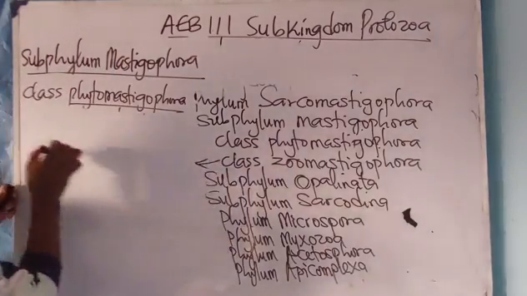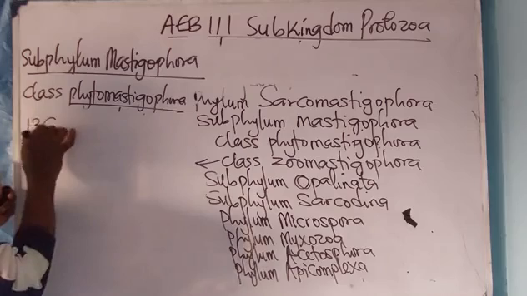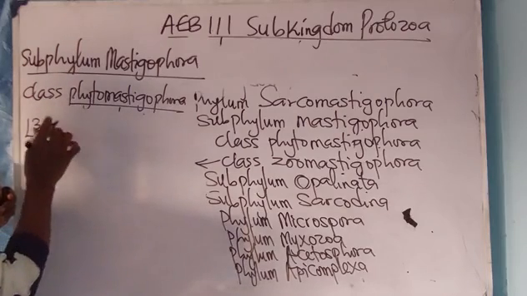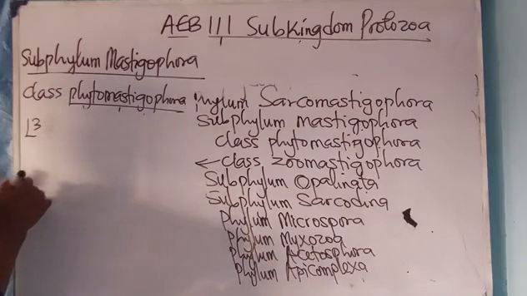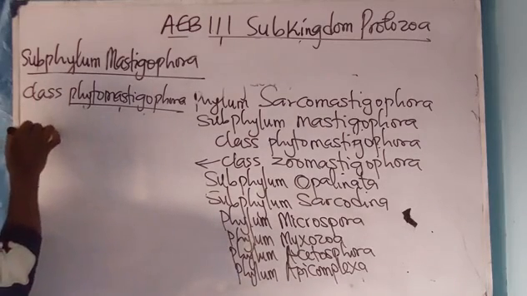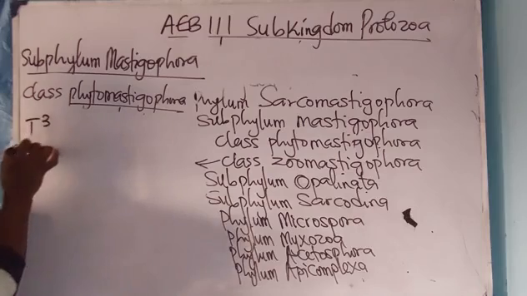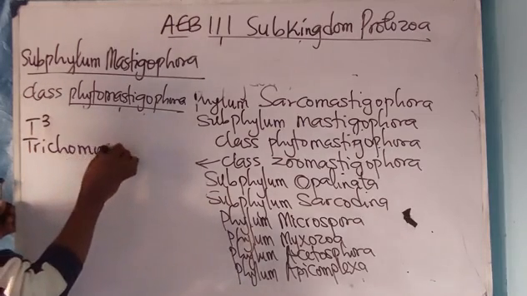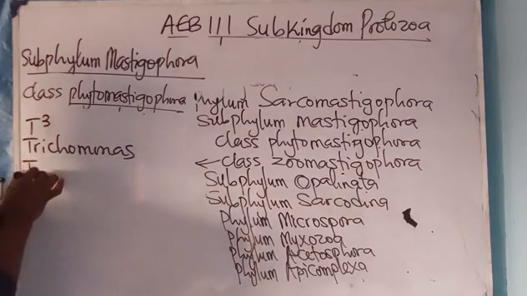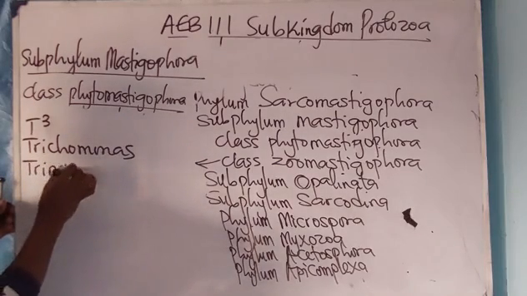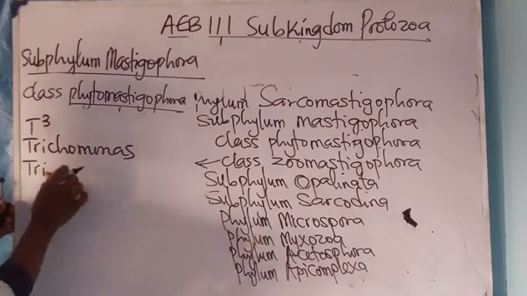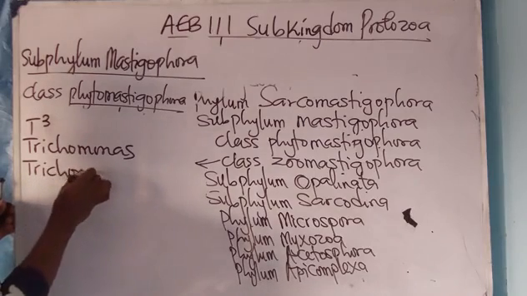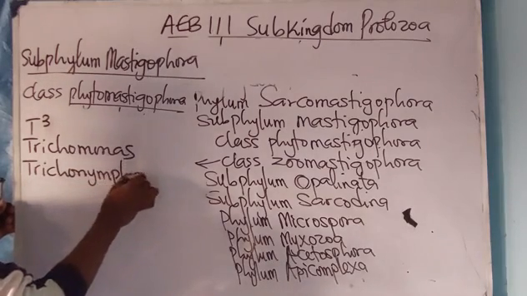What are examples of Zoomastigophorans? Examples now: L-cube-G, T-cube. We have Trichomonas. We have Trichonympha.